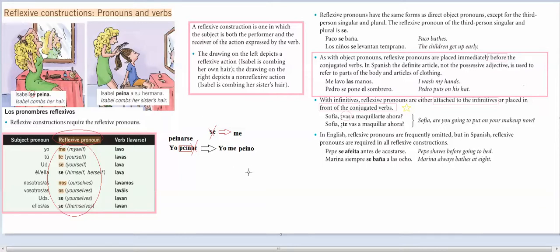Okay. If I wanted to say you comb your hair, I would do the same thing. "Tú peinarse." I would move my "se" off to the side over here. I would conjugate.